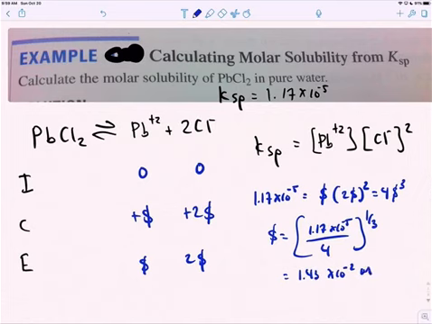So that means that for lead chloride, which is insoluble, it will dissolve at 1.43 times 10 to the minus 2 molar. So not that much. So it's 14 millimolar. So it certainly is not going to dissolve a large amount there for lead chloride.